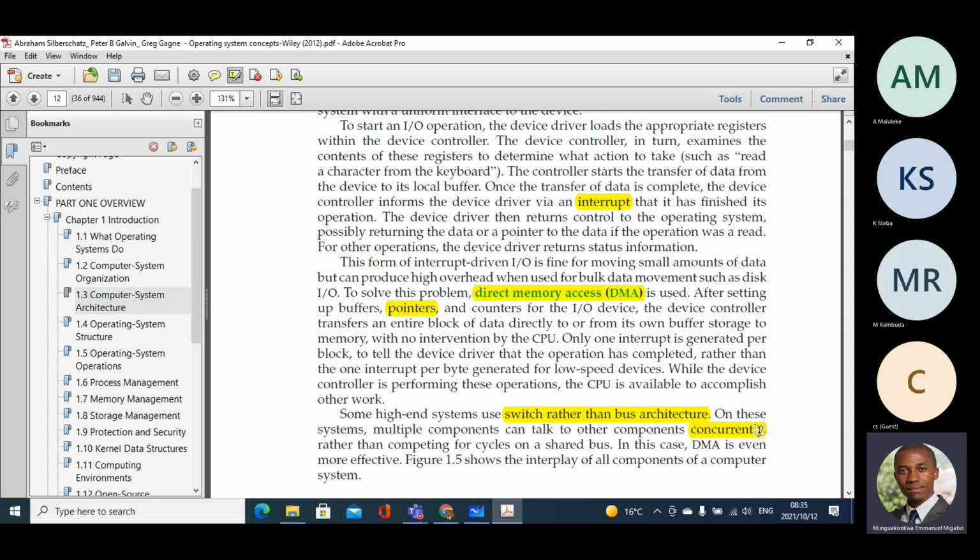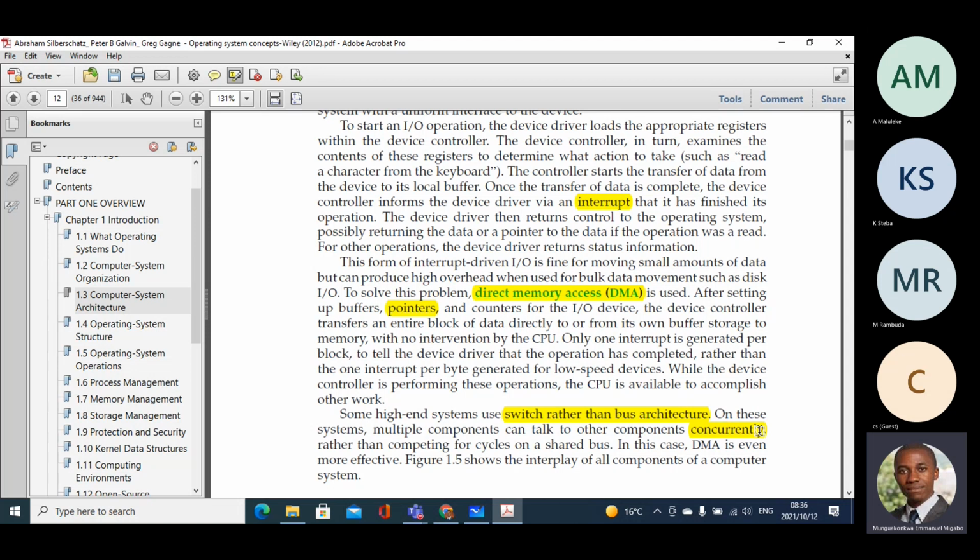The key difference is that switches bring in concurrency. The bus brings in the idea of sharing of resources, because indeed a bus is shared. The data bus, for example, is the same data bus that is used to carry data from a mouse and also carrying data from a keyboard, and vice versa, from the CPU back to one or the other input or output devices.